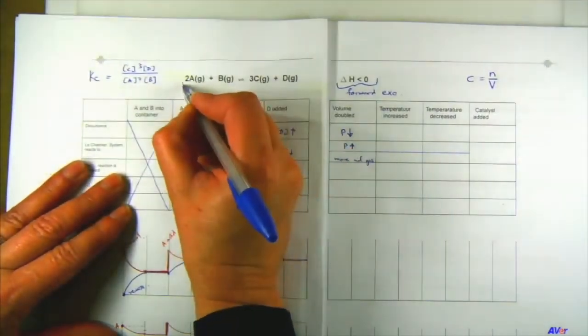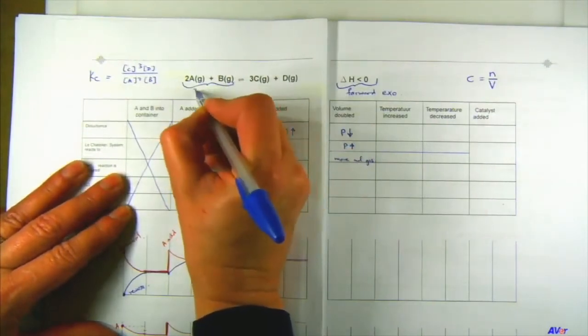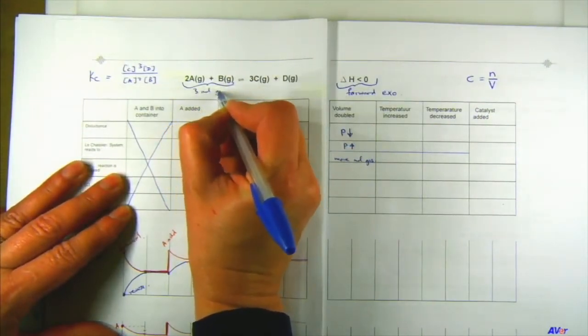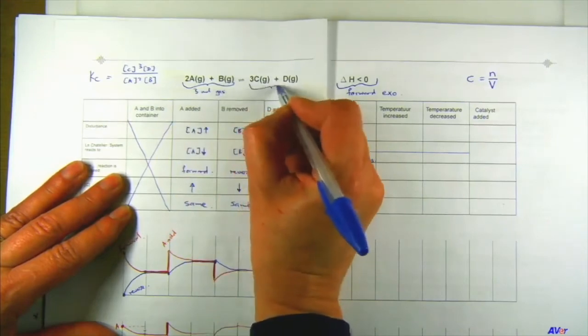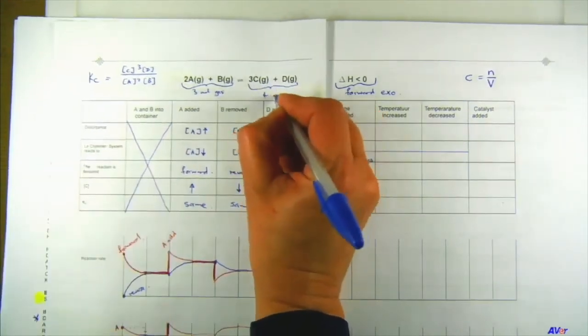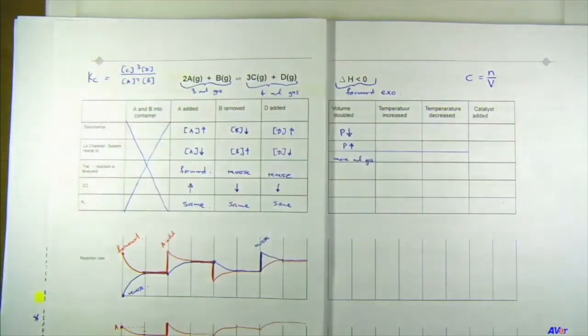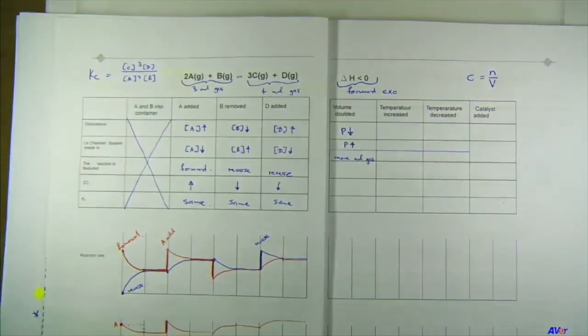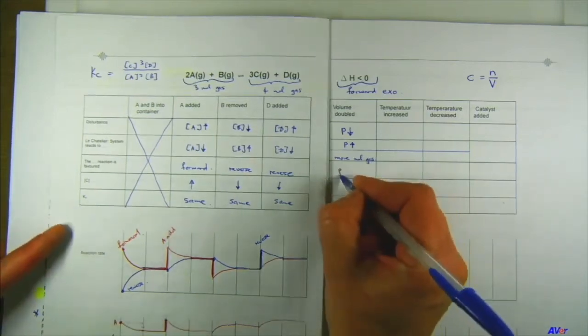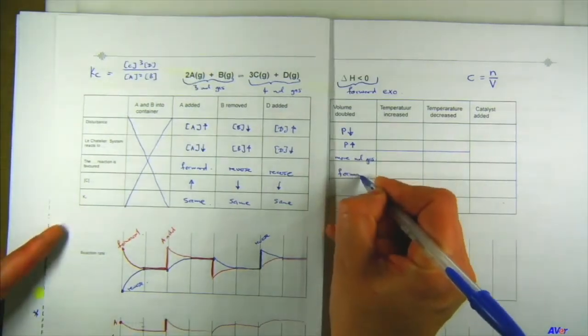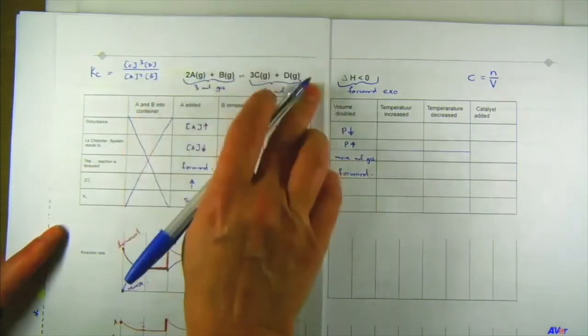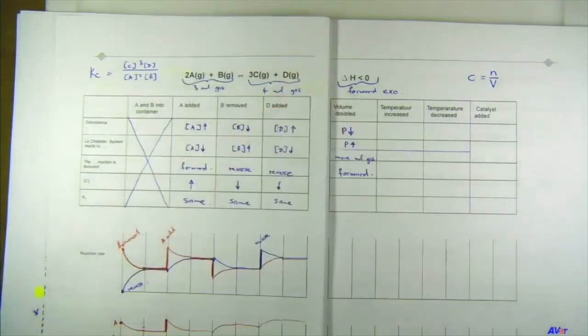On this side, we had 3 moles of gas, and on that side, we had 4 moles of gas. So if I want to make more moles, which reaction do I have to favor? Forward. So I'm going to favor the forward reaction, which will produce more gas, which will exert more pressure.